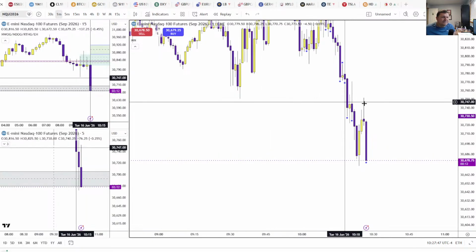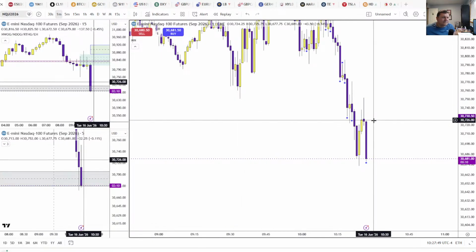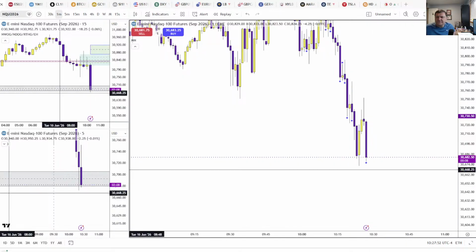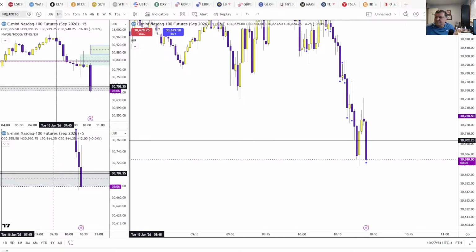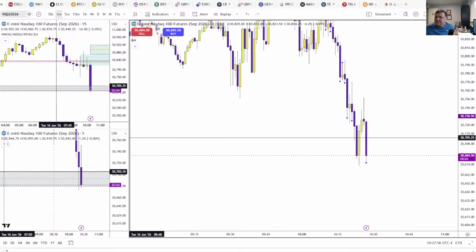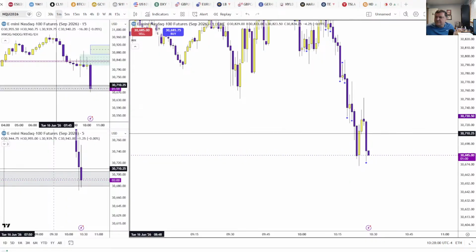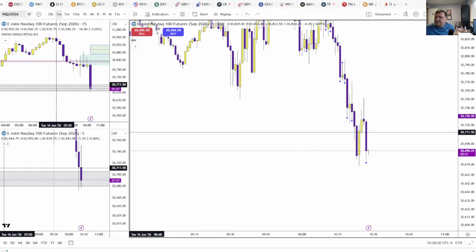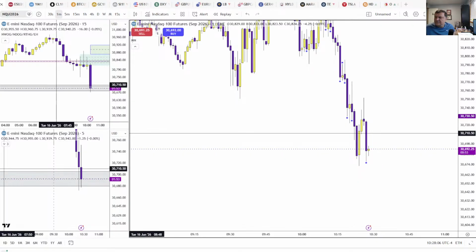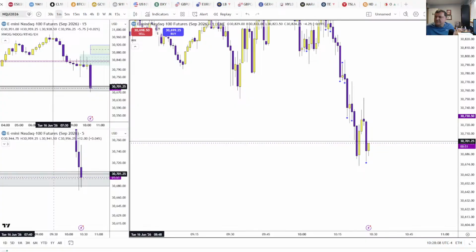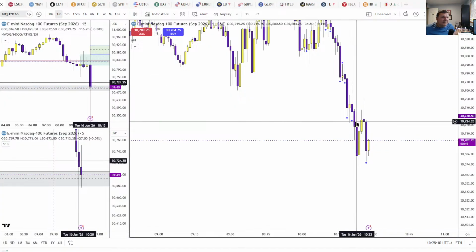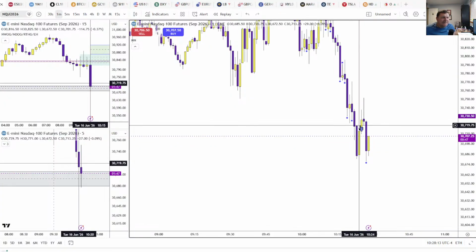Retest that low. See if we can retest this area right here.